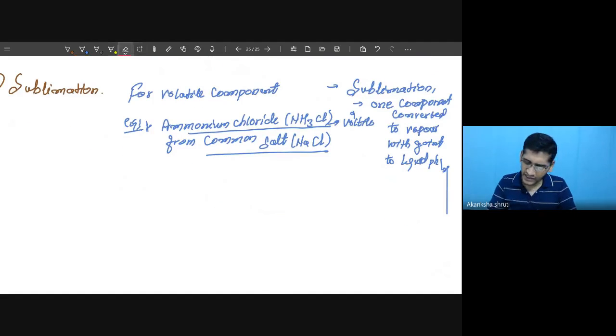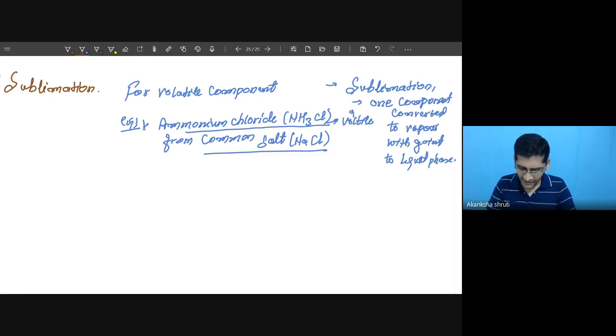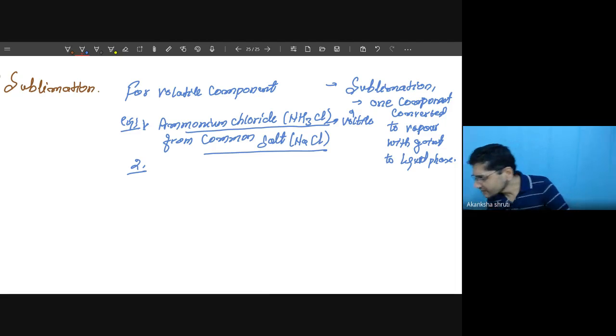It means if you heat this, it will not get converted into liquid, it will directly get converted into vapor. The other examples are dry ice and camphor.